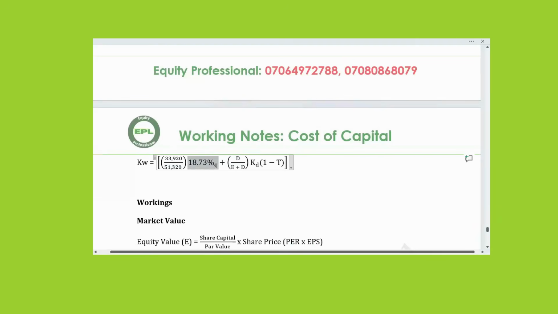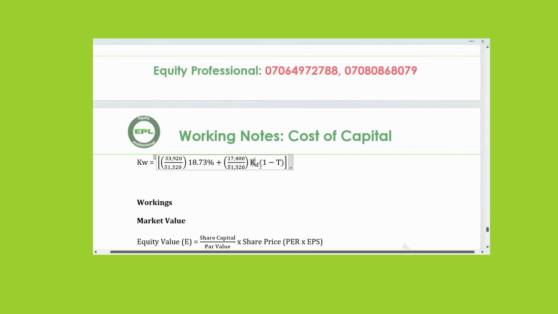Then the debt value we have is 17,400. Total value of equity and debts, 51,320.